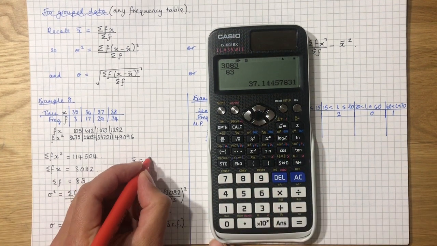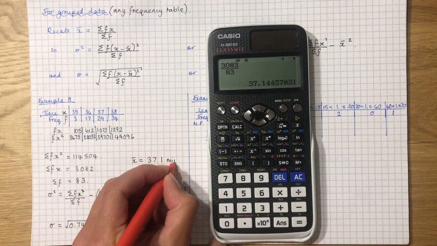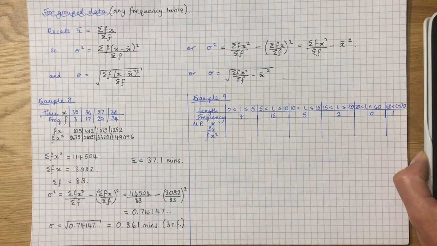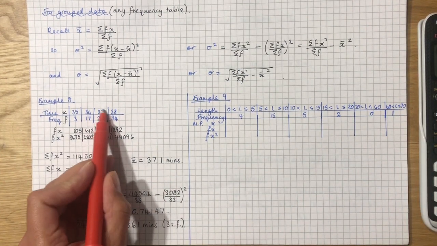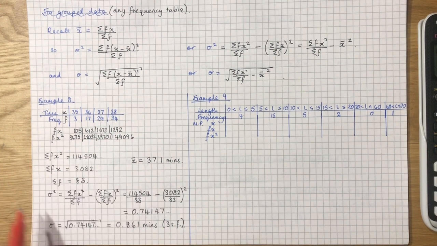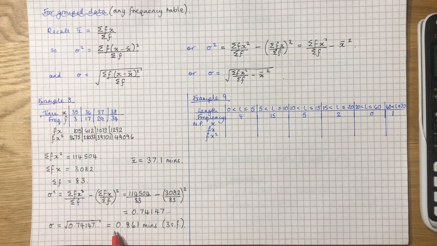The mean time spent out of school on the lunch break was 37.1 minutes. So the average time spent out by students was that. So that's around about here. But all of those times there had an average spread away from this mean of about 0.86 minutes.